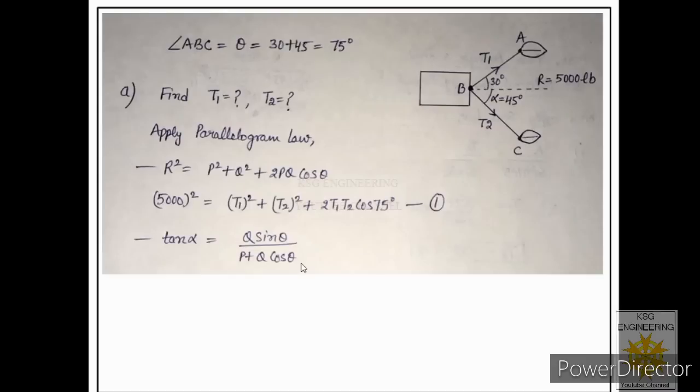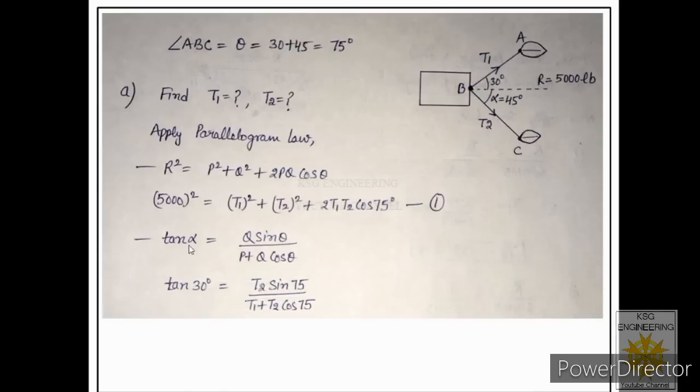Now let us put the values over here which are known to us. What is alpha? Over here you can see we have entered the value of alpha as 30 degrees. It means we are considering this force as F1. Remember, in the last class we learned that if we are considering the angle of the resultant with a particular force, then that force will be F1 and the other force will be F2.